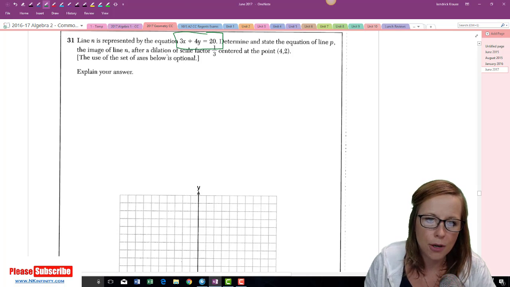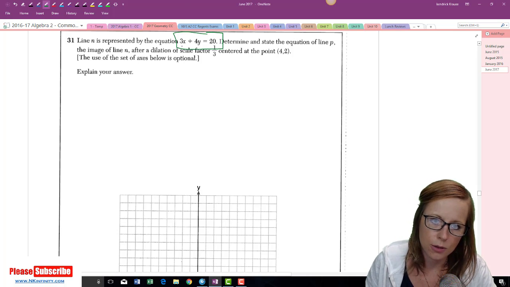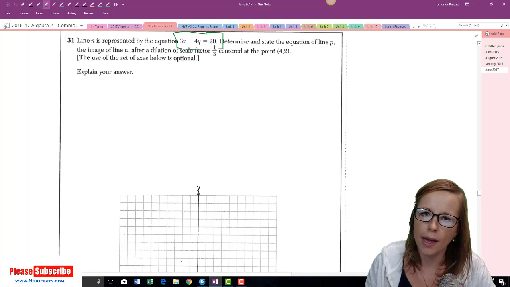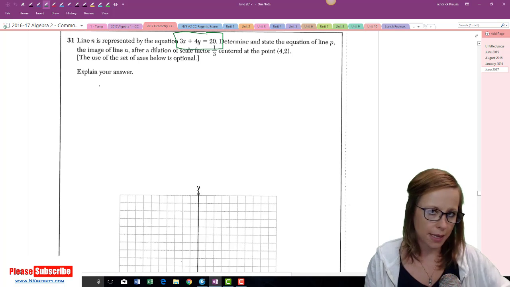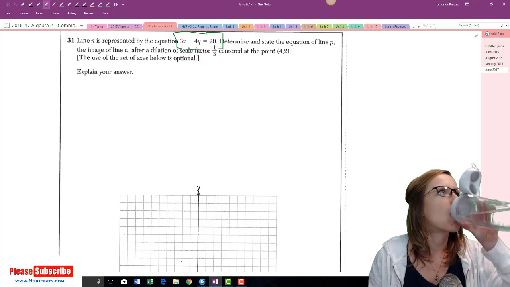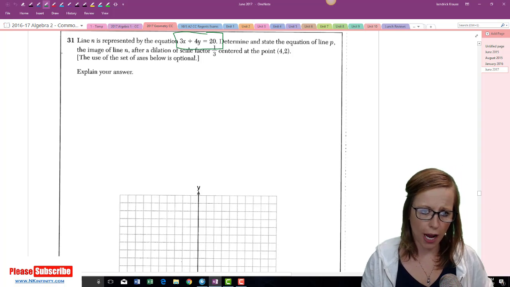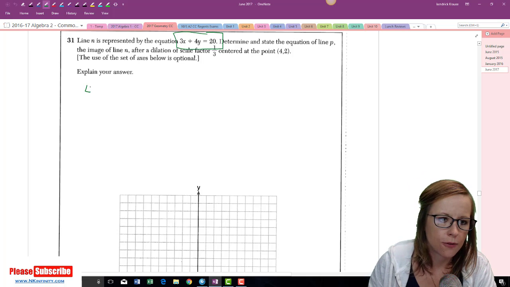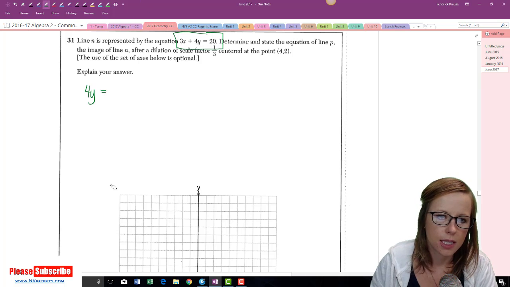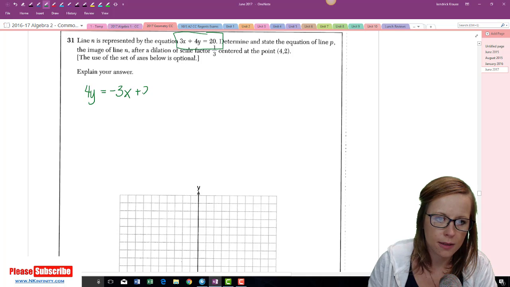Okay. I would hope that the very first thing you guys do when you see this is you get it into y equals mx plus b form, because that's how you best understand lines. So I'm going to subtract the 3x over. So 4y is equal to negative 3x plus 20.